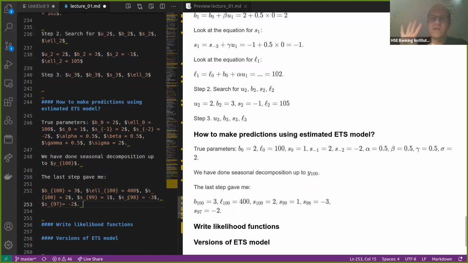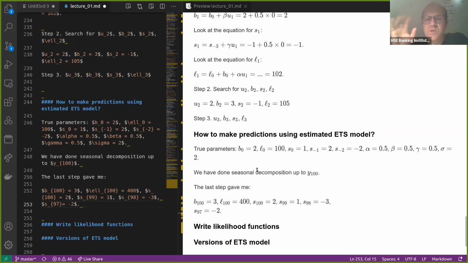The sum of 4 consecutive seasonal effects is always 0 in a model without noise, but in a model with noise, this strict equation is satisfied, that the sum of four seasonal effects is exactly zero, in the beginning of times, and it's roughly zero later. Okay, any questions? So imagine that we have done seasonal decomposition.